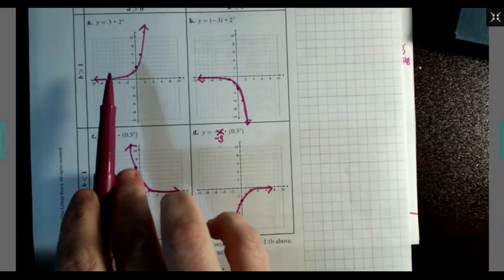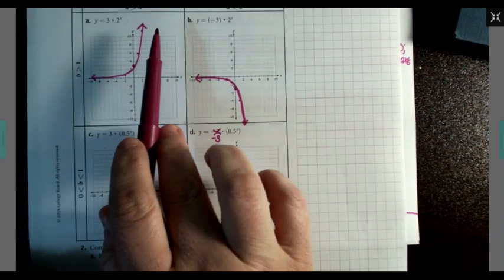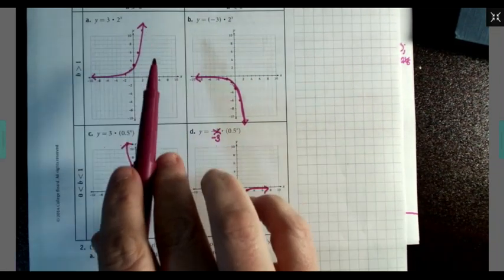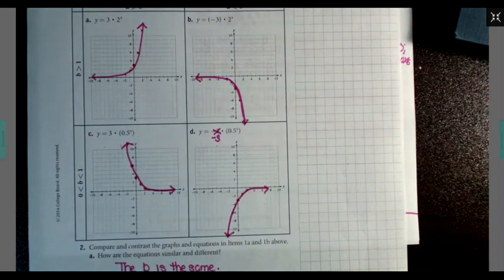When b is greater than 1, the graph approaches but does not reach the negative x-axis.